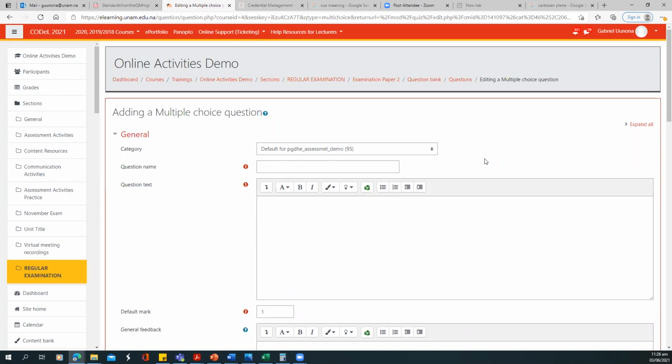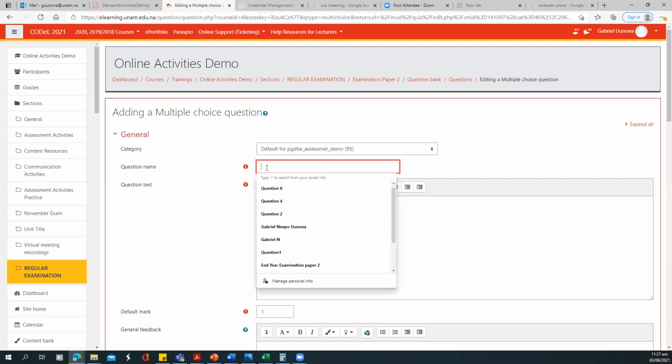Because of the time resources we have, we were not going to address the question bank right now, but perhaps if time allows, we will address it. So this is a category of the question bank. You would select which question bank you want this question to go to. But let's talk more about it later. Okay.